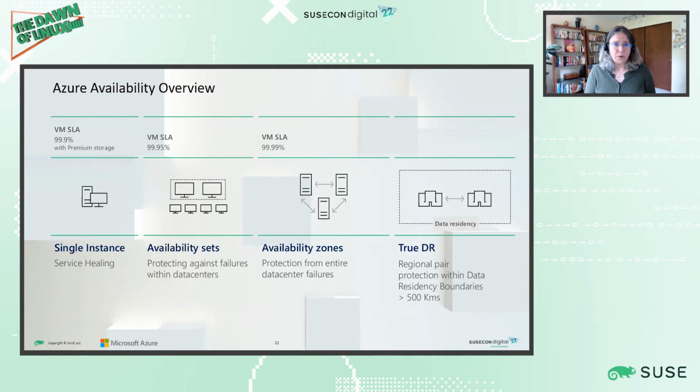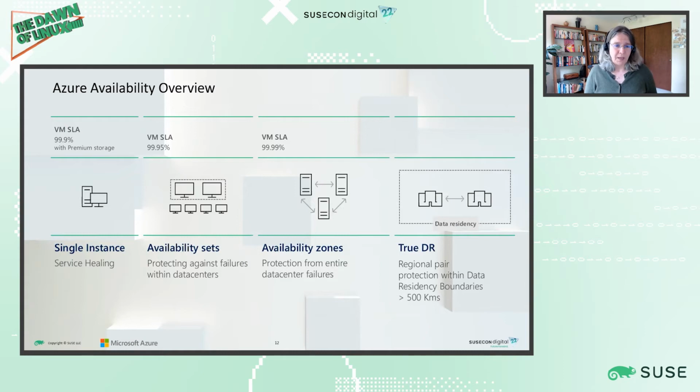When you deploy your compute layer, when you deploy your virtual machine in an availability set, you achieve an SLA for the VM at 99.95%, and your application will be guarded from failures within an Azure data center.